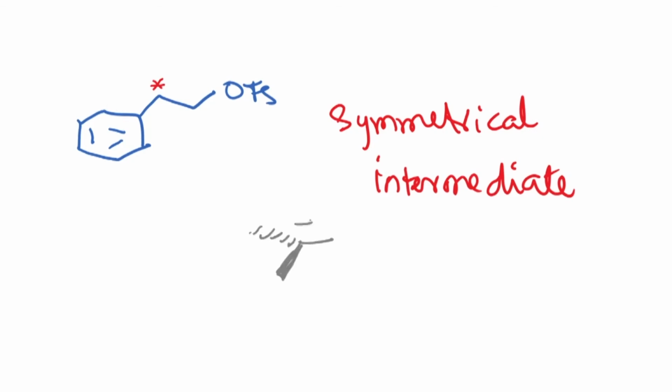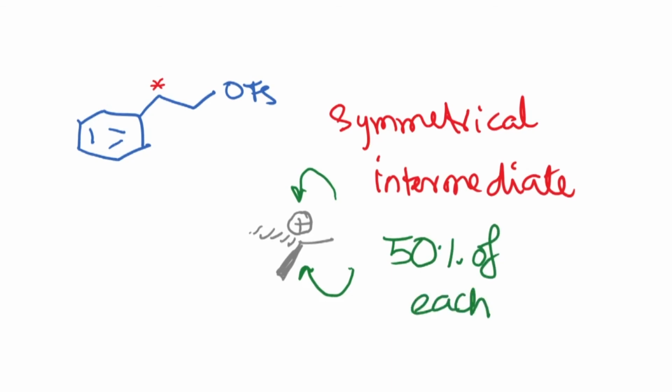When a carbocation is formed, the attack from the top face versus the bottom face is nearly identical, so you end up with 50% of each. From this result, we can argue that a symmetrical intermediate, a carbocation, is formed. The site has a plane of symmetry, and it reacts to give a 50-50 product formation.